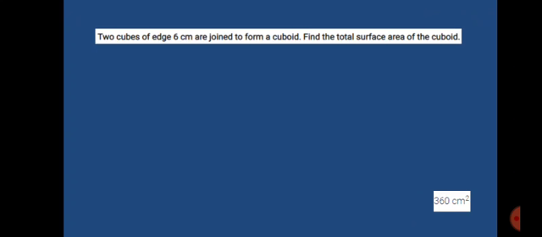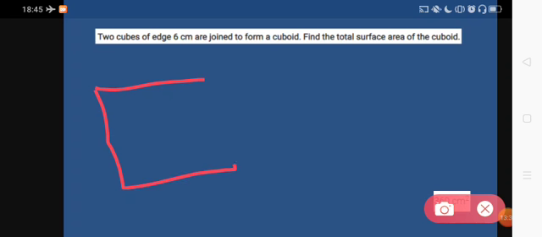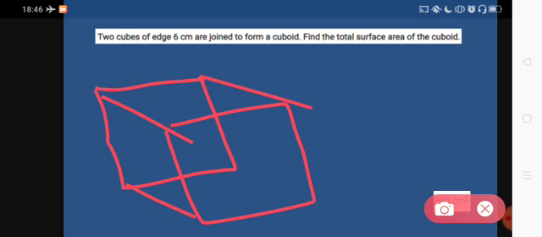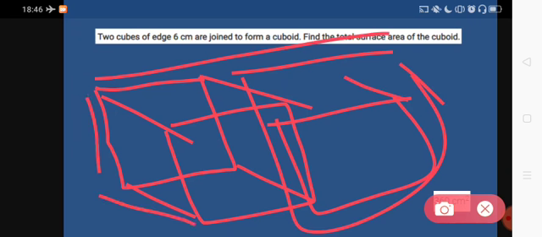Two cubes of edge 6 centimeter are joined to form a cuboid. Find the total surface area of the cuboid. Now we will make the cuboid by touching the cubes to each other. Like that, the length will be changed, but height and breadth will not be changed.